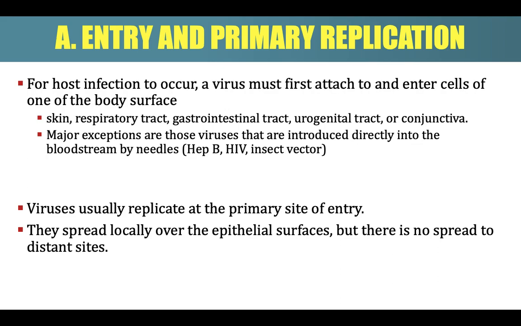First, the entry and primary replication. For host infection to occur, a virus must first attach to and enter cells of one of the body surfaces. Usually, the surface of the body is our skin, respiratory tract, gastrointestinal tract, urogenital tract, or conjunctiva. Most viruses enter their host through the mucosa of the respiratory or gastrointestinal tract.